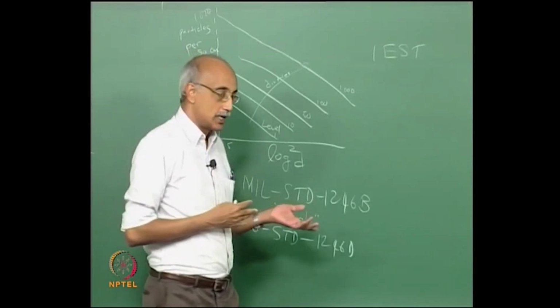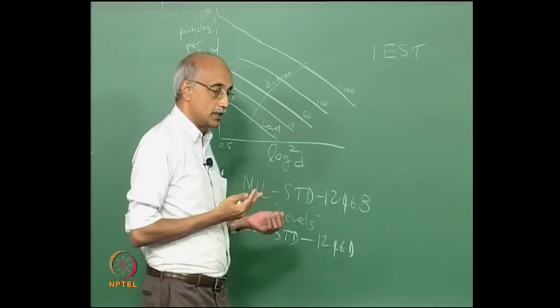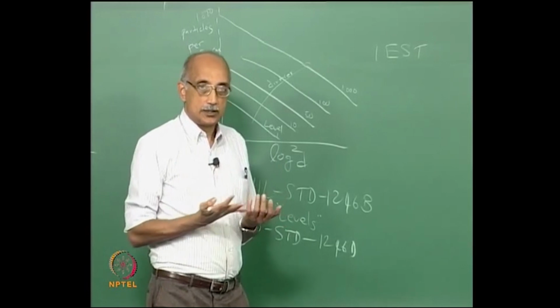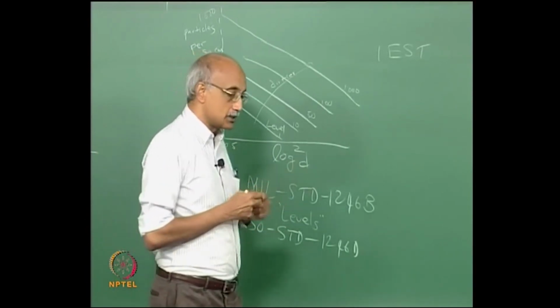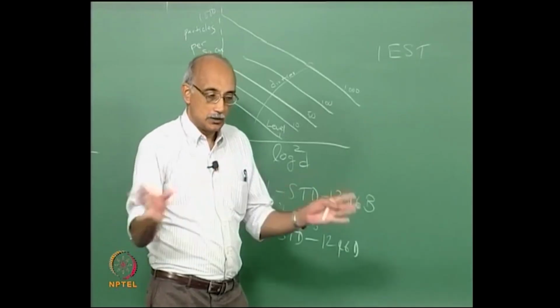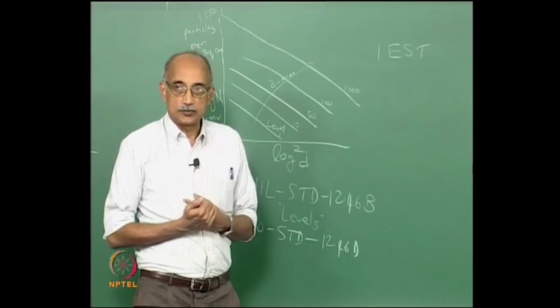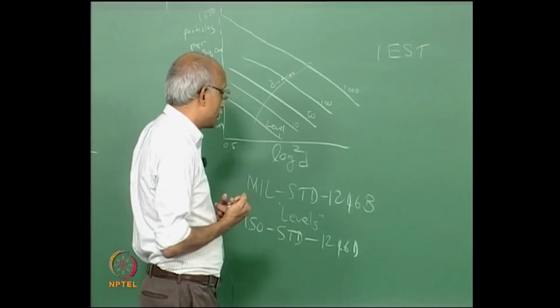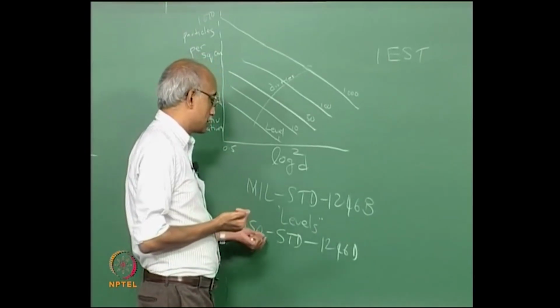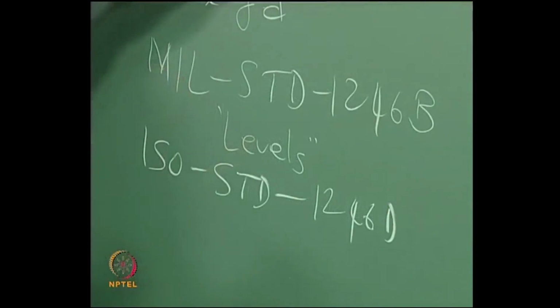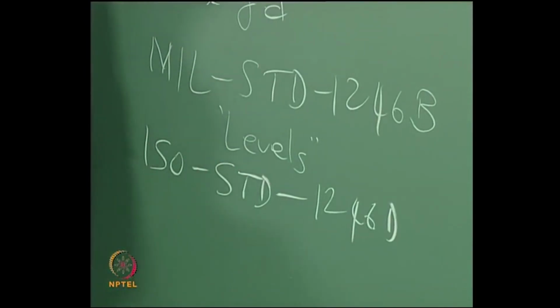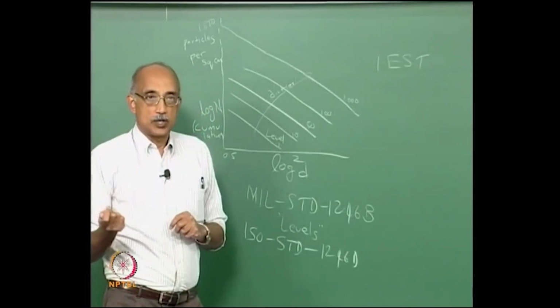So, these ISO standards are essentially a global standard that are now being used, particularly in this case, to describe particle populations on a surface. So, if I were to go to somebody and say that my surface is an ISO standard 1246D level 1000, they will immediately know what I am talking about.